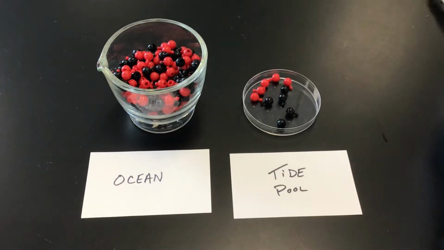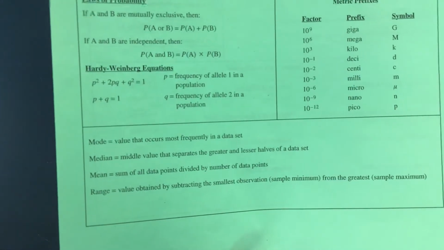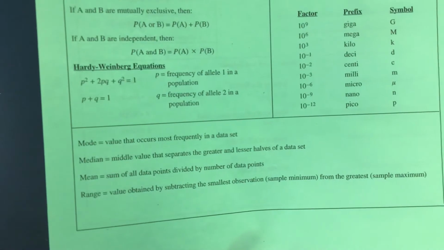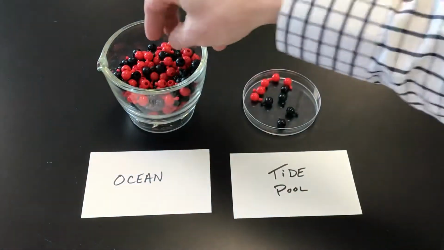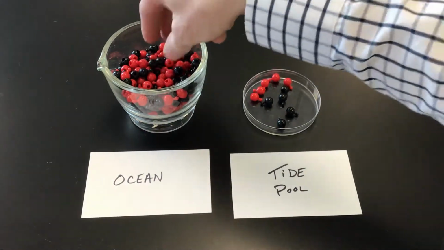And the concept being illustrated, and the purpose of this, is to really learn how to practice using the Hardy-Weinberg equations, where we're looking at allele frequency. So p represents the dominant allele, q represents the recessive allele. And for our activity, we'll say that the black allele is dominant to the red allele.